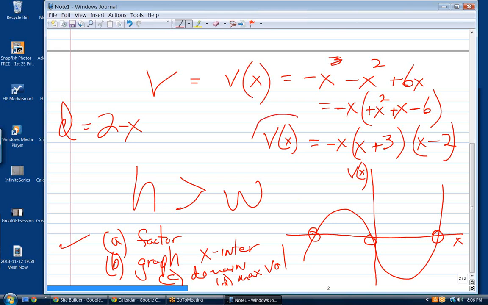Where is this thing right here equal to 0? Because that's what it is when I'm at that point, when I'm at that point, and when I'm at that point. V of x is 0. So the way we solve for those points is by setting v of x equal to 0.